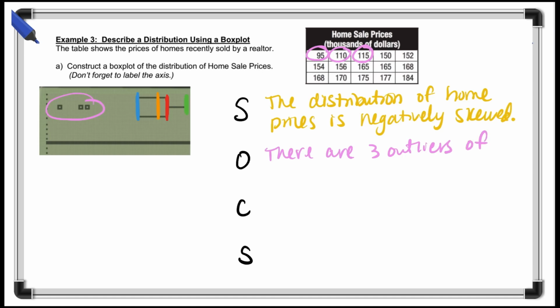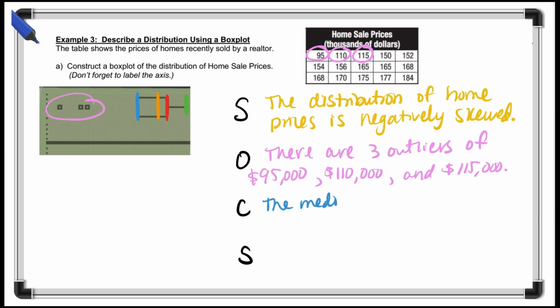What are those outliers? They were the 95, and remember this is in thousands, so $95,000, $110,000, and $115,000.